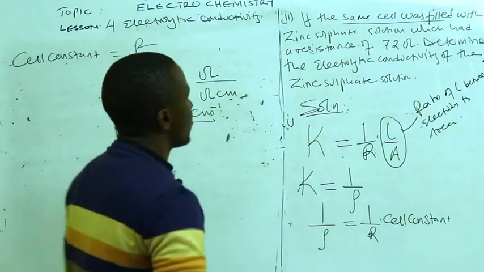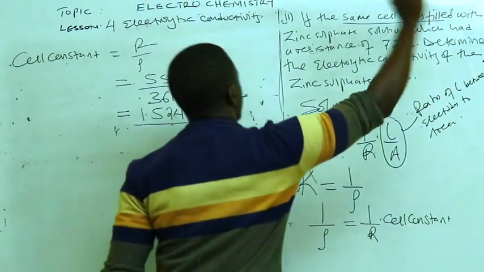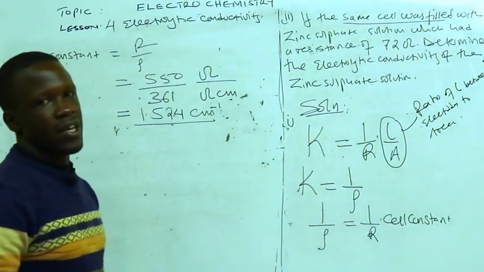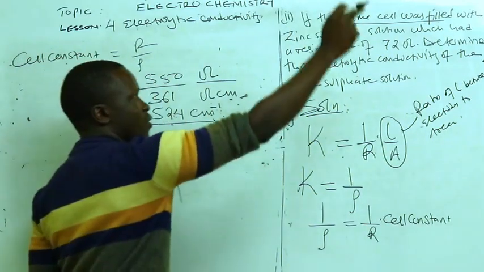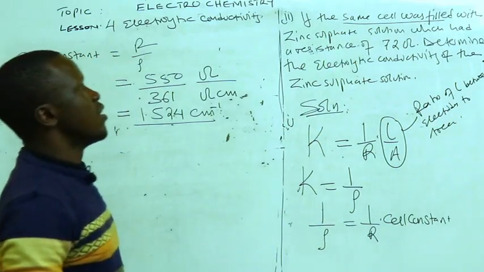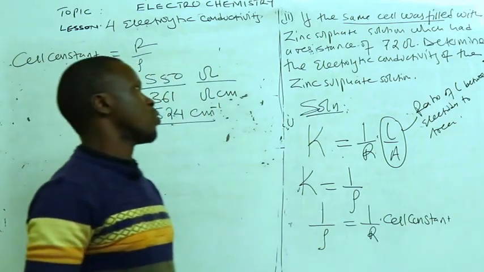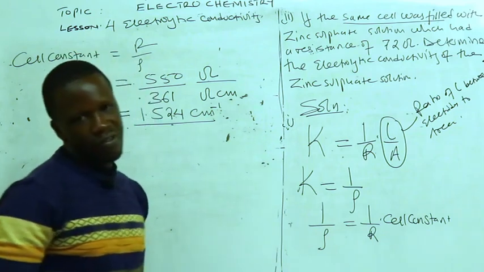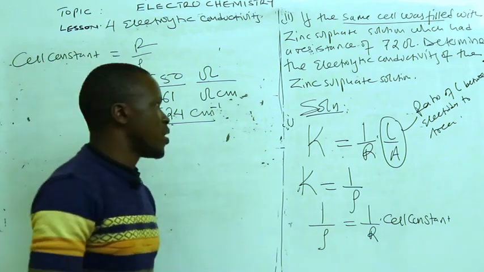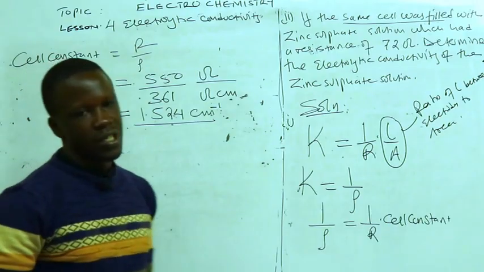So here, by saying the same cell, they are saying a similar cell constant was filled with zinc sulfate solution. It had a resistance of 72. Determine the electrolytic conductivity of zinc sulfate solution.